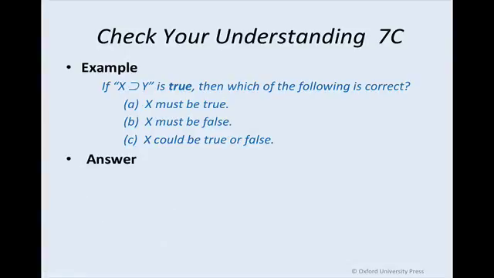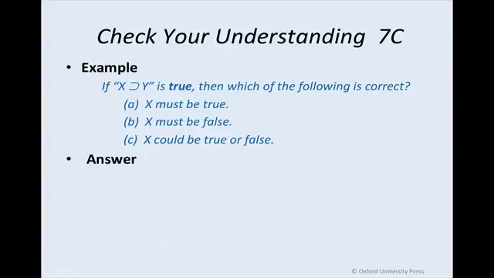Let's take the sentence X horseshoe not Y, sorry. And let us determine, based on our understanding of the truth table, what the correct answer is. So do you recall that the conditional is false in one and only one case? Do you remember what that is? If not, go back and take a look at your notes or follow along.